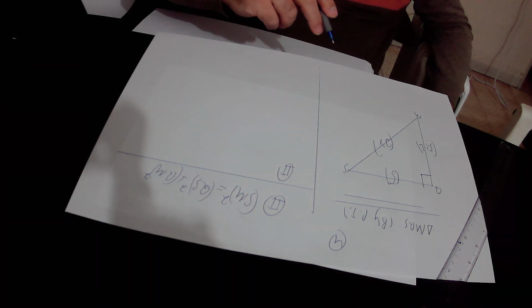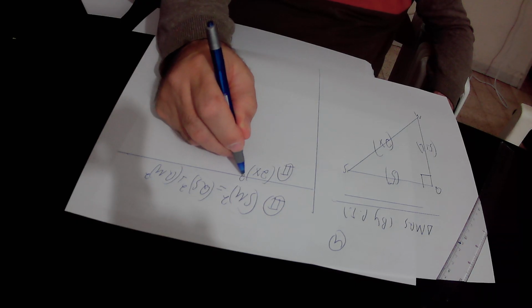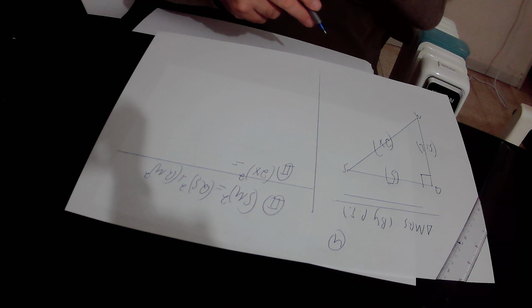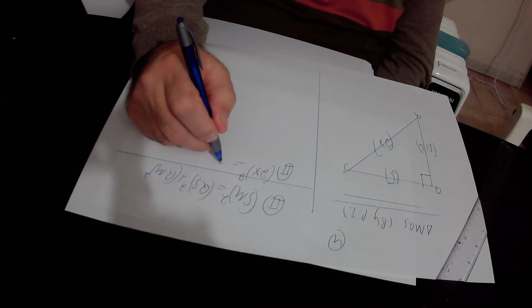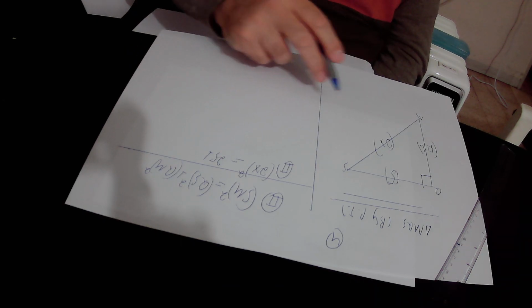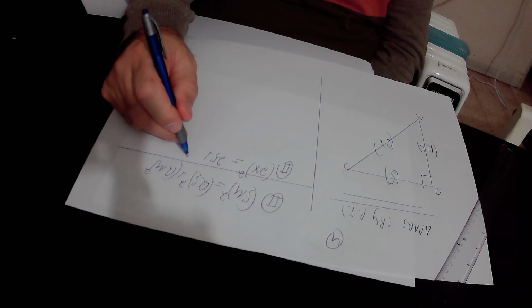SM equals 2x, therefore SM squared is 2x squared. And it equals QS squared. QS is 5, therefore QS squared is 5 squared, that is 25, plus QM squared. QM is 5 plus B, therefore QM squared is 5 plus B squared.